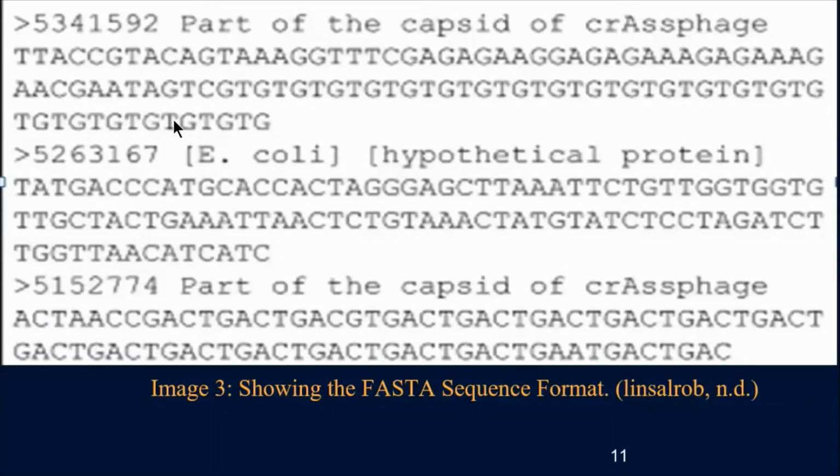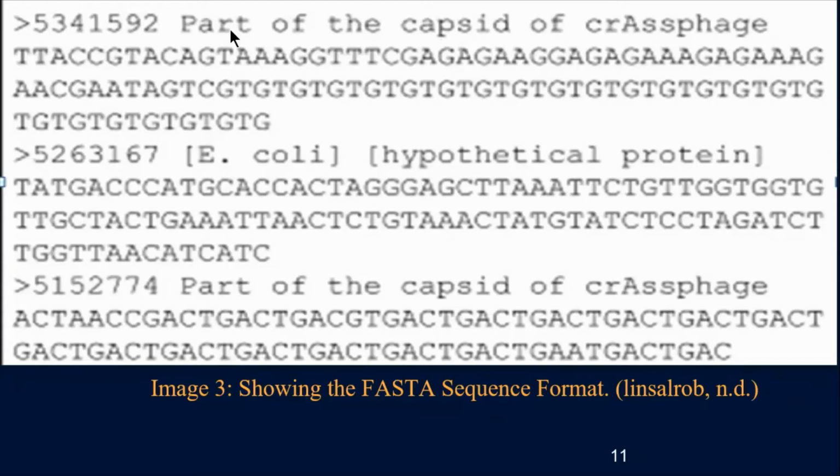Now, as you can see here, we have 3 sequences in this FASTA format. Each line begins with a greater than sign. Also, in the first line, we have the descriptive ID, which basically tells us what sequence we're looking at.